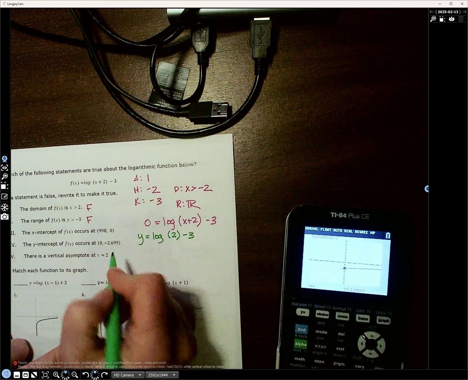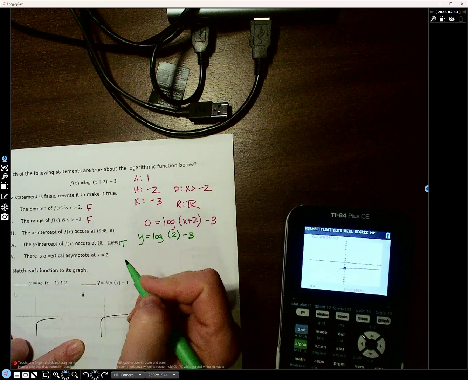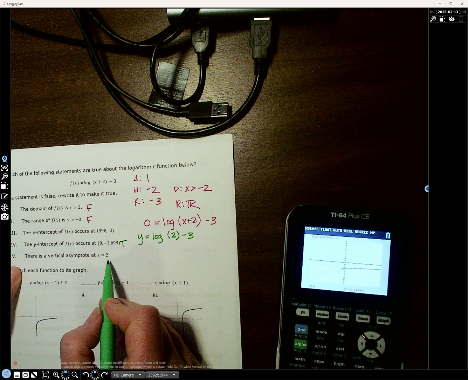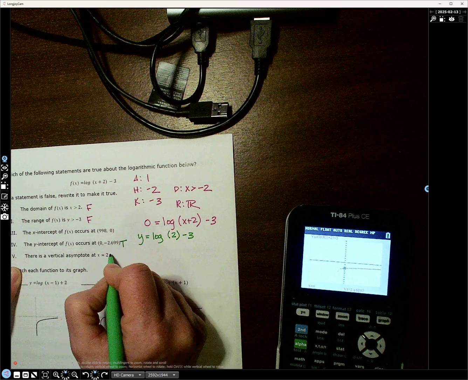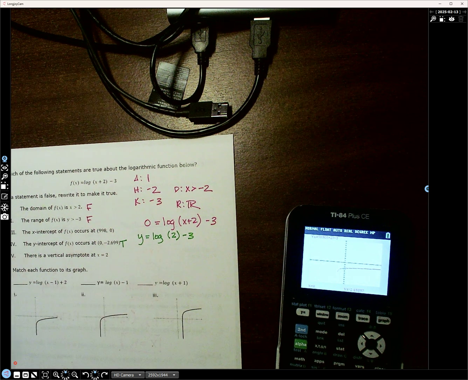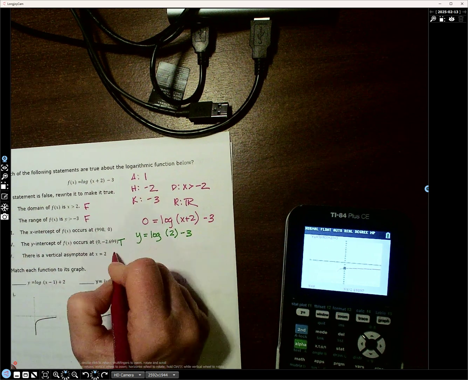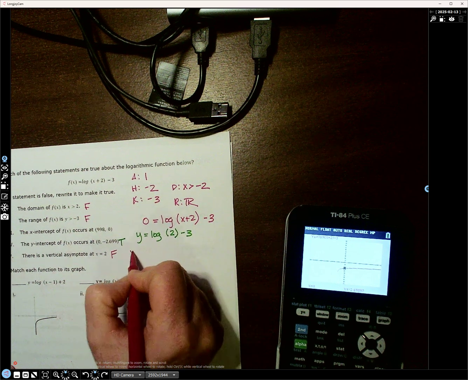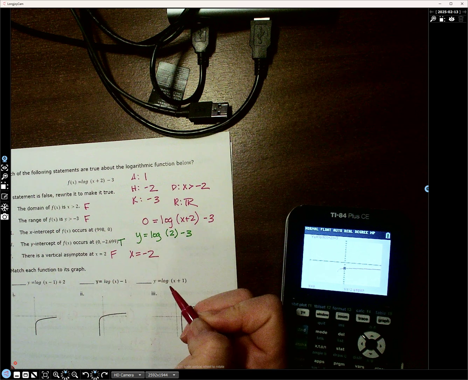So that is true. Then there is a vertical asymptote at x equals 2. This is false, because we already said the vertical asymptote is going to be x equals negative 2.